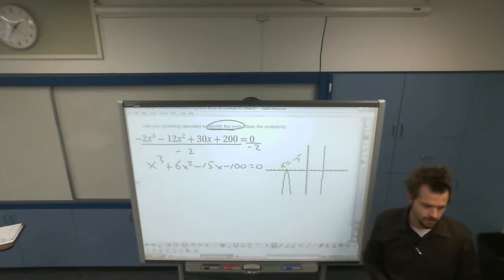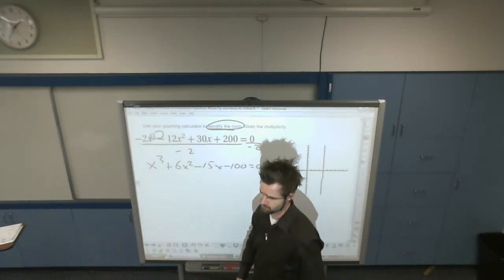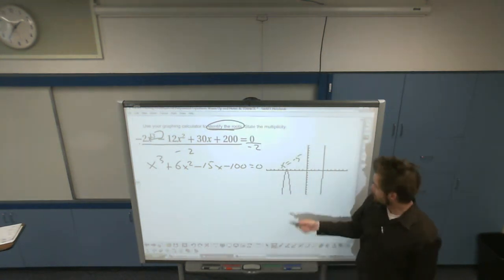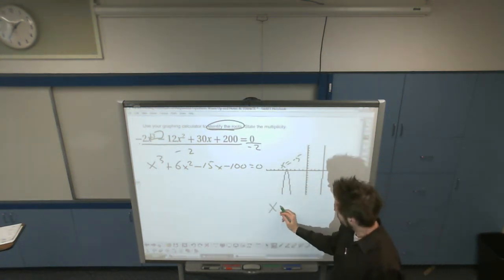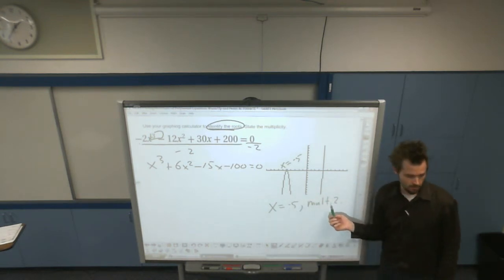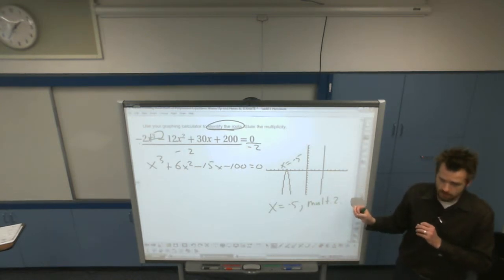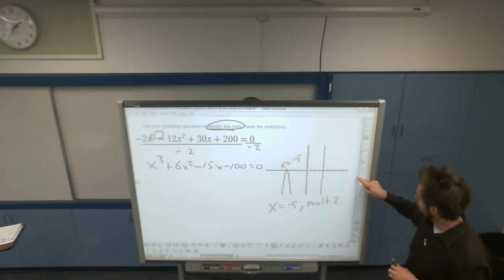And I'm going to go with 2. Definitely not higher than 2, like 4, because we only have 3 roots to give away here. So this is probably going to be x equals -5, multiplicity 2, meaning this root will probably occur twice. Now, we'll check that out in a second just to make sure we're right. But that's what I think.